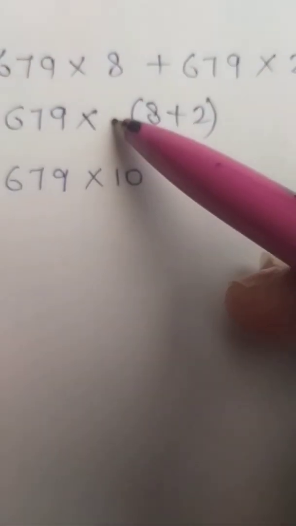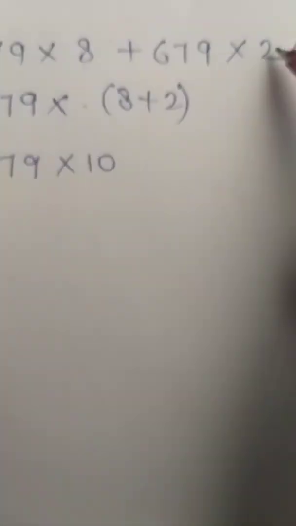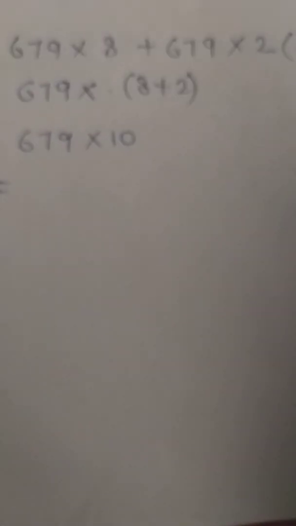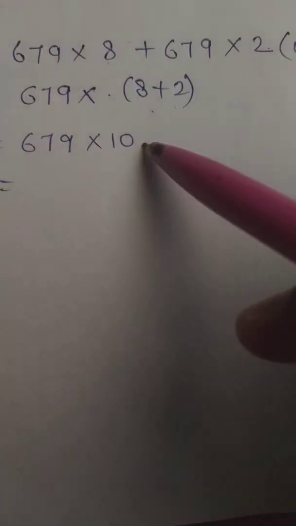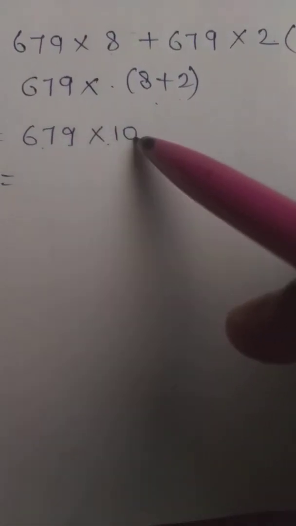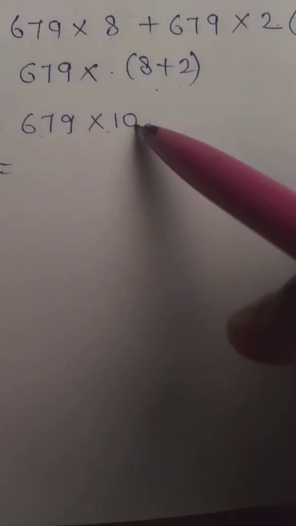Okay, the next, try to evaluate: 679 multiplied by 8 plus 2. 8 plus 2, that is 10. 679 multiplied by 10, that is the answer, 6790.